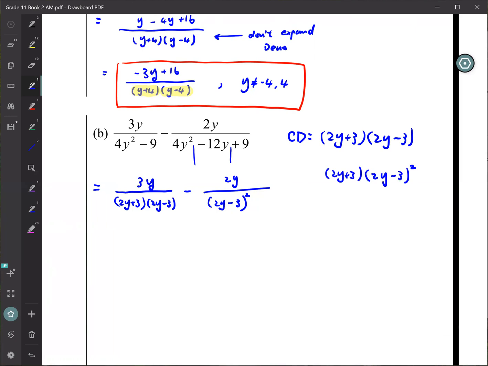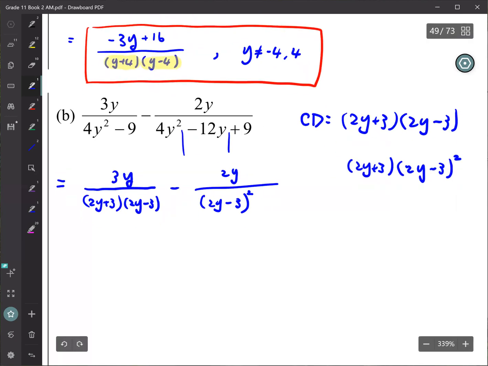Okay, so let's see whether common denominator should be the first one or the second one. I'll use color. So we have 2y plus 3, and then you have the green one, 2y minus 3, right? And then 2y minus 3 as well for the second. So you want something that's big enough so that it includes both denominators.